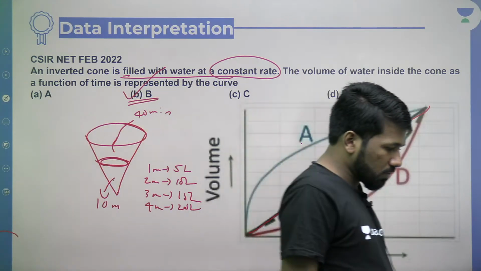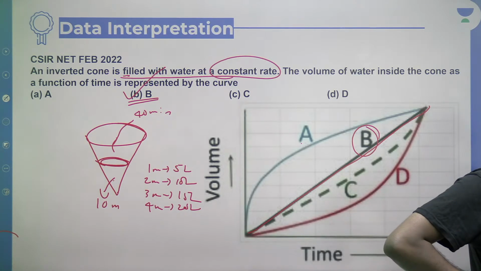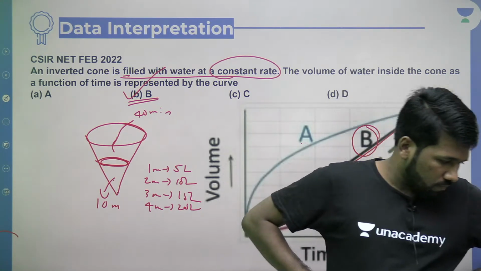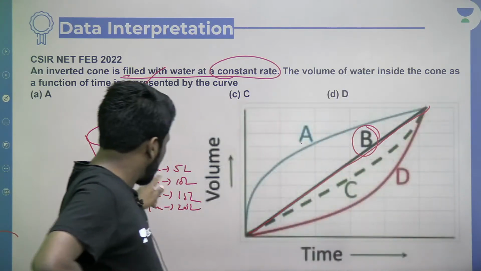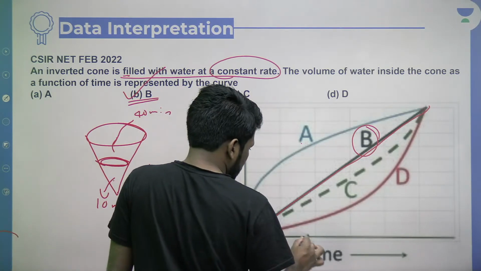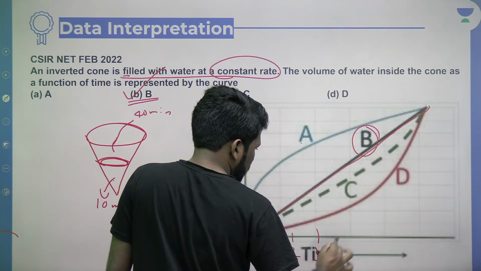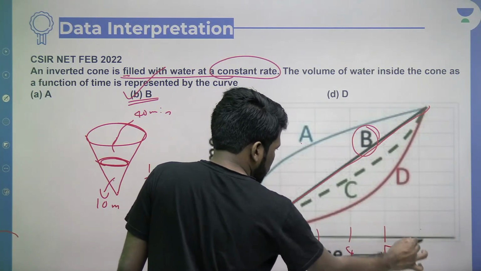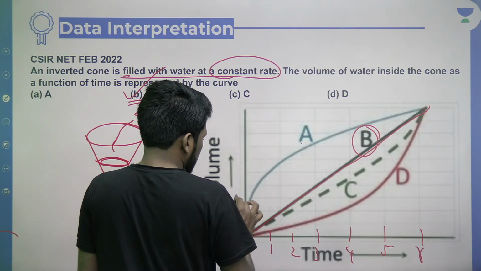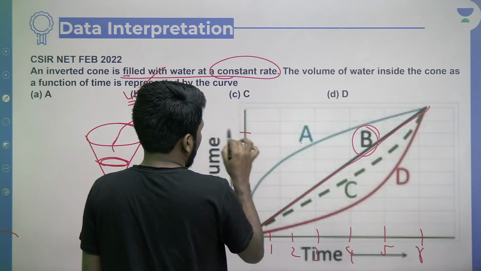Please respond all of you. Is this clear or not? Because if you have doubt, please specify. Like as I told, 1 minute 5 liter, 2 minutes 10 liter, 3 minutes 15 liter, 4 minutes 20 liter.